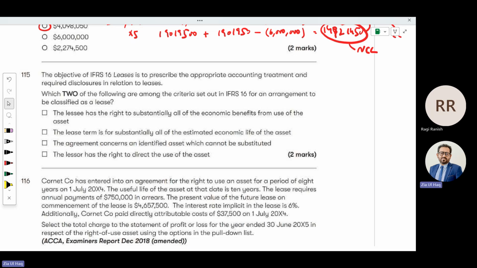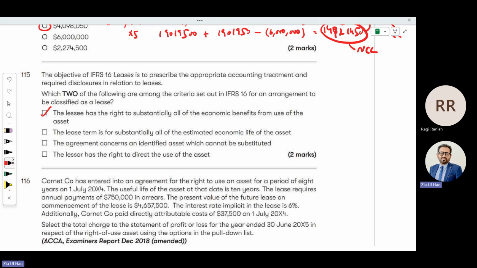Which two of the following are among the criteria set out in IFRS 16 for an arrangement to be classified as a lease? The lessee has a right to substantially all of the economic benefit from use of the asset. Yes. The lease term is for substantially all of the estimated economic life of the asset.